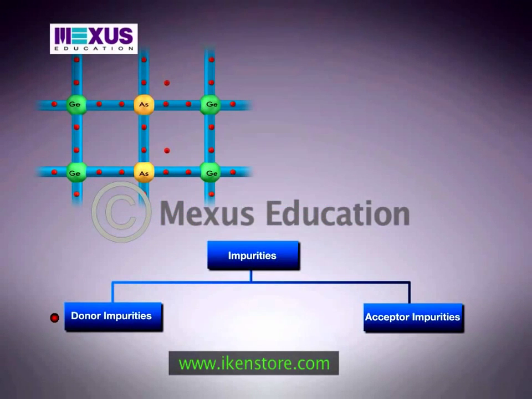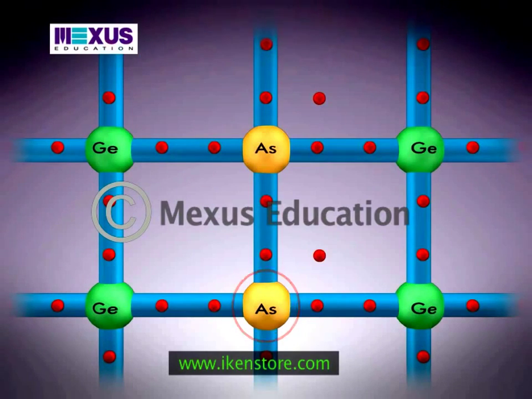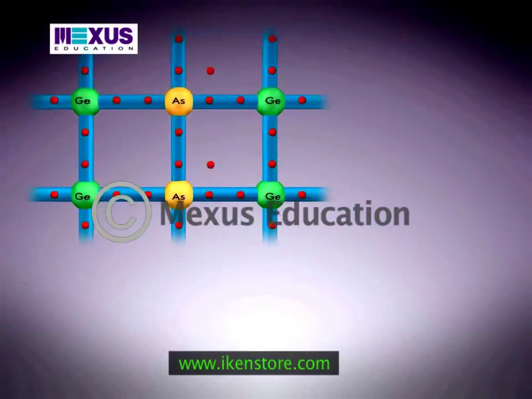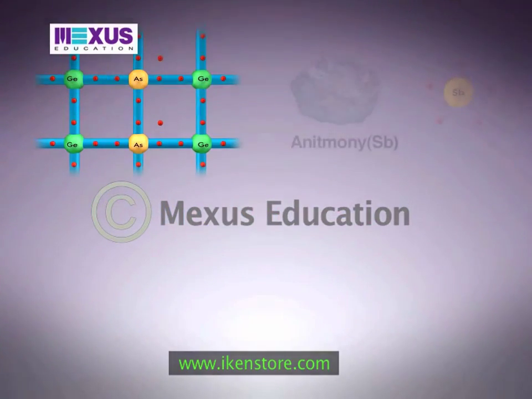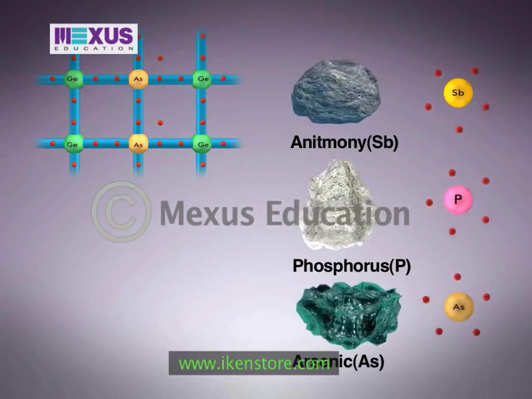Impurities are classified into donor impurities and acceptor impurities. Donor impurities are those elements which donate excess electrons for conduction. Pentavalent elements like antimony, phosphorus, and arsenic are donor impurities.